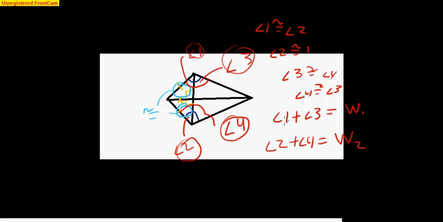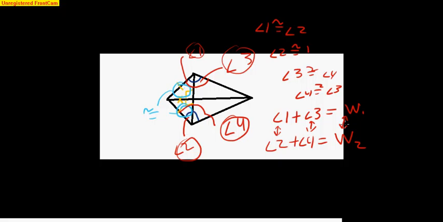Now we know that angle 1 is congruent to angle 2, so these are the same. And we know that angle 3 is congruent to angle 4, so these are the same. So we know that W1 is the same as W2. And that's the proof for that theorem.